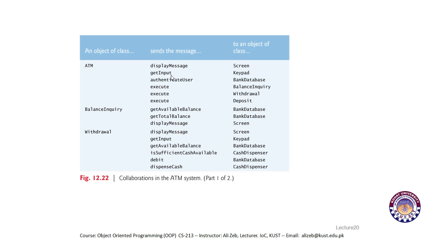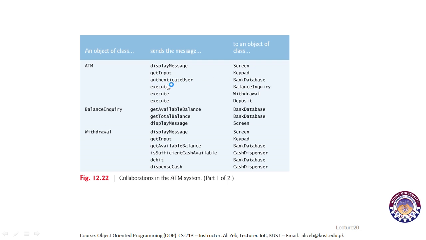Now this shows the relationships between the classes. For example, what are the classes that will need to call or send messages to the other classes? So the ATM will need to send a message to the screen class through a call to the display message method. It will need to get input from the keyboard, so it will need to send a message to the keyboard class.